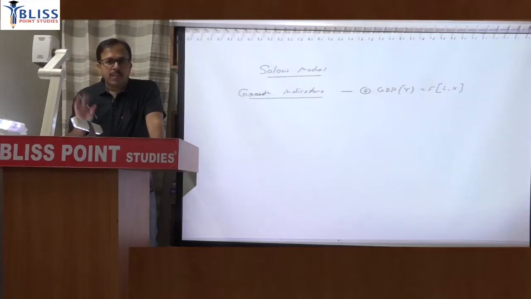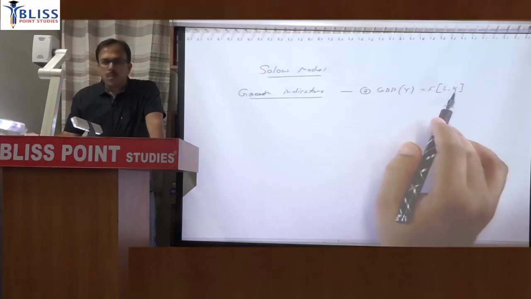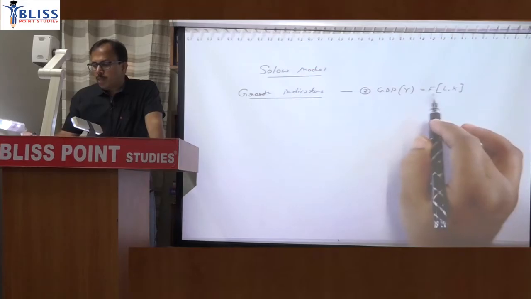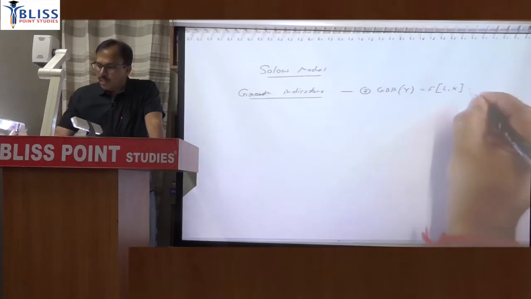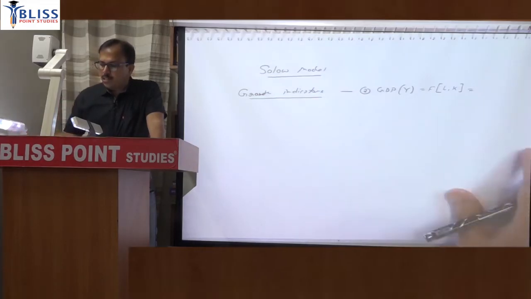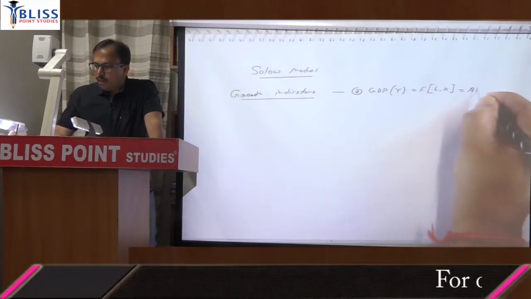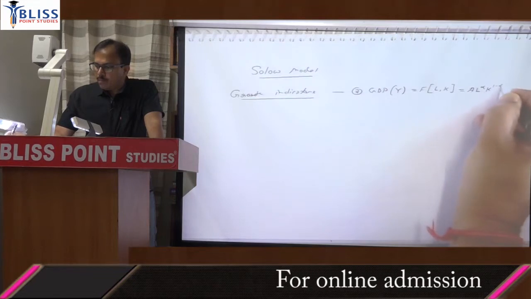So at a given state of technology, GDP is a function of labor and capital. Remember, this is basically a production function. You can express the production function in any specific form, like Y = A L^alpha K^(1-alpha).